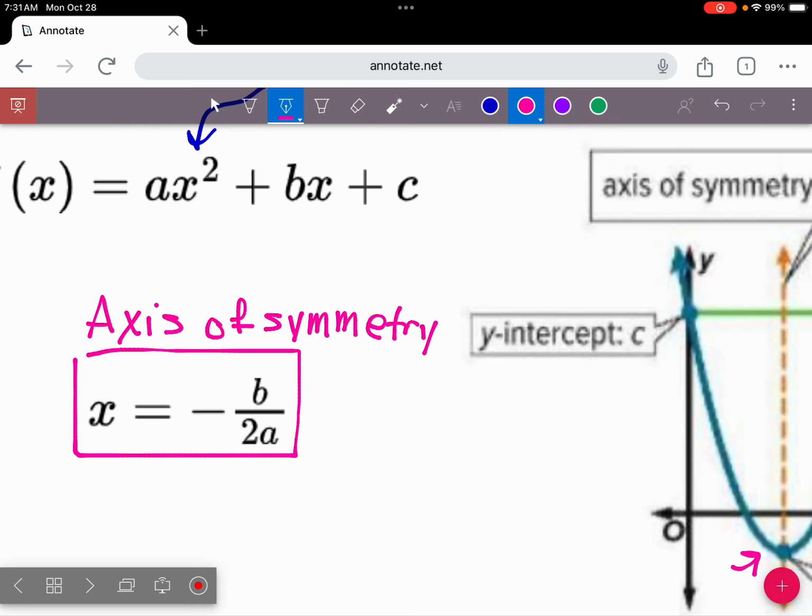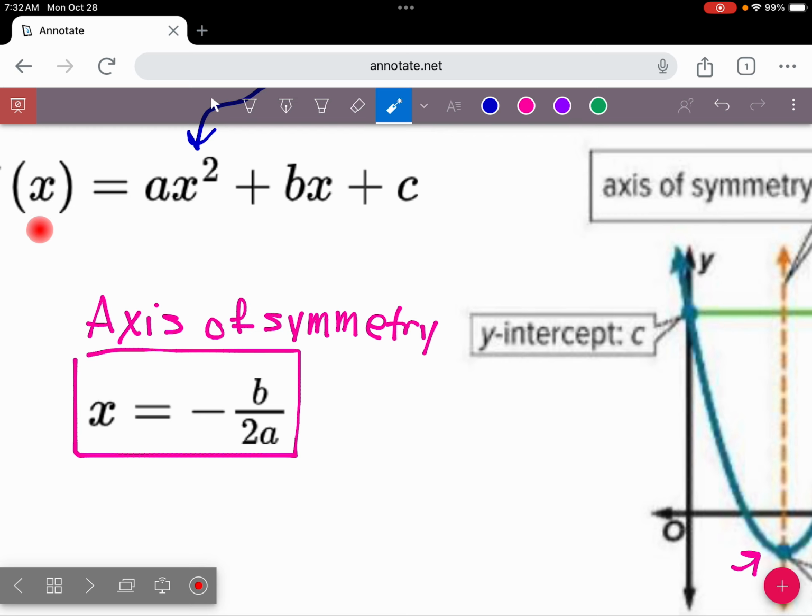And when we're looking to fill in a table to plot some points for our axis of symmetry, we are going to take these values of B and A from our equation here. Now this equation has no parentheses, and it either is set equal to y or it is set equal to 0. Only options.